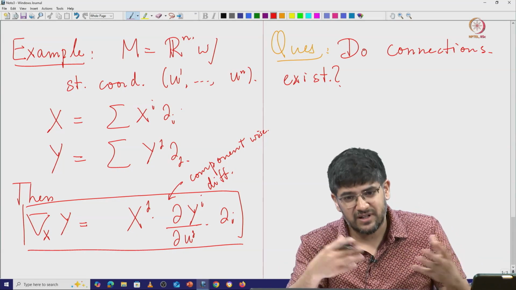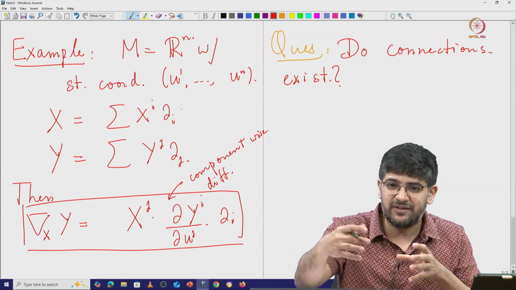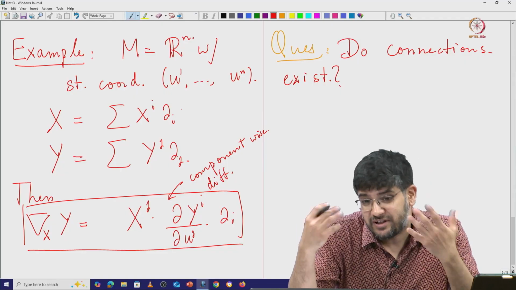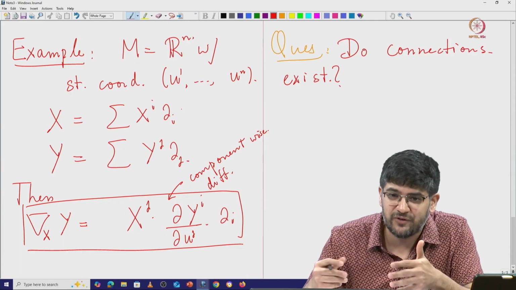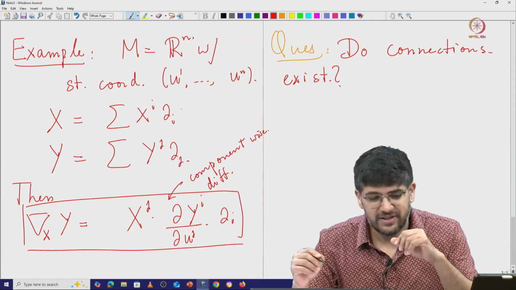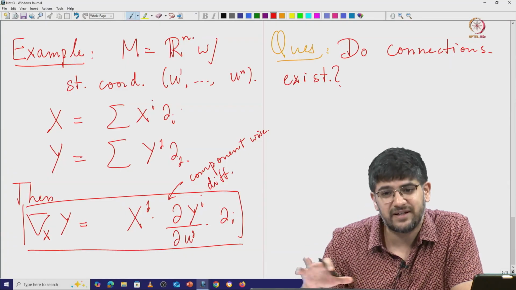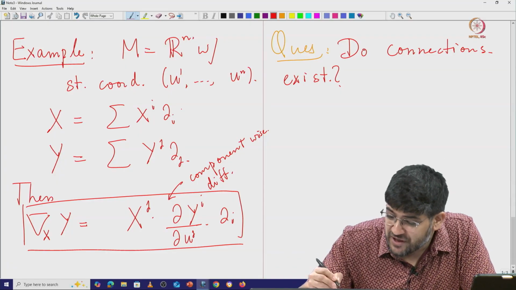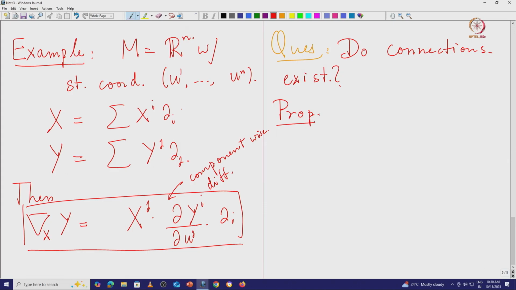So one way of constructing connections on arbitrary manifolds is that you take this naive definition and glue things using partitions of unity. But it turns out if you are given a Riemannian metric, there is a much more natural and canonical way of doing this, and I'll do this when the time comes. So I'll postpone answering this question until a few lectures down the line. But first I want to investigate some properties of this connection.